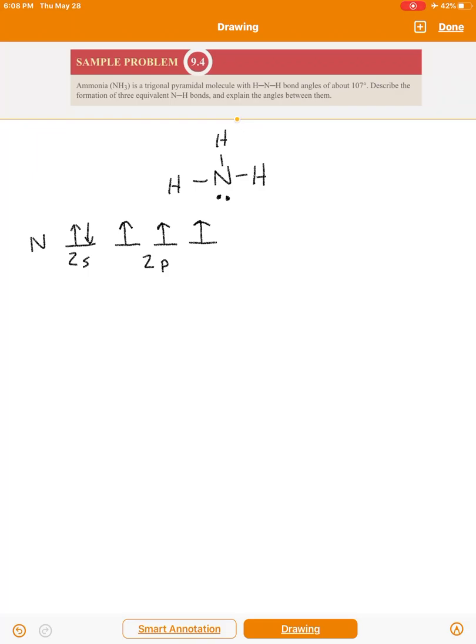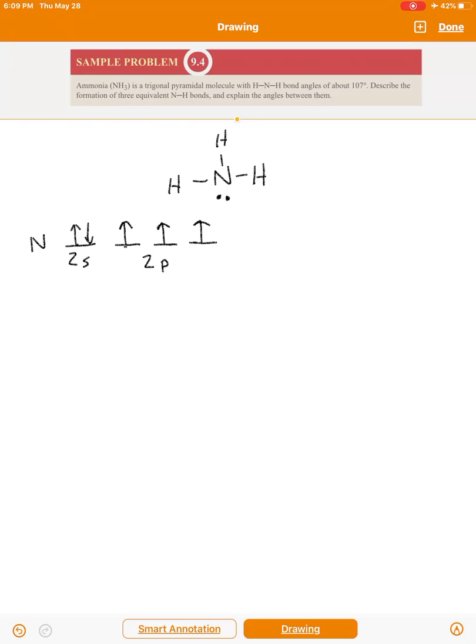That means there have to be 3 identical orbitals used by the nitrogen atom to form bonds to the hydrogens. So you might quickly say, oh, here's your answer. You got the 2s right there. That's the lone pair. And then you got the 2 p's here. And each of those forms a bond to one of the hydrogens.